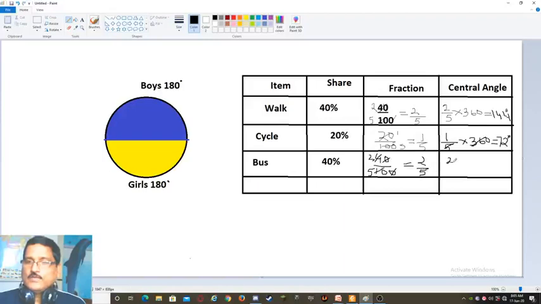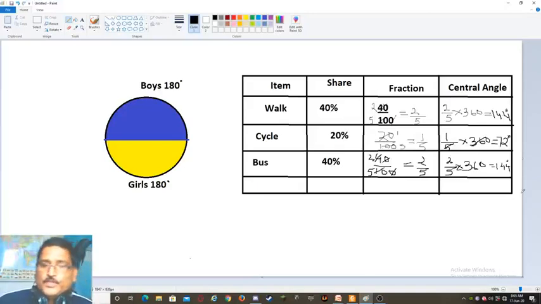Now 2 by 5 multiplied by 360 degree. Clear? So same way it is coming 144 degree. Clear? So whatever the information is given in terms of percent, I have converted into degree.